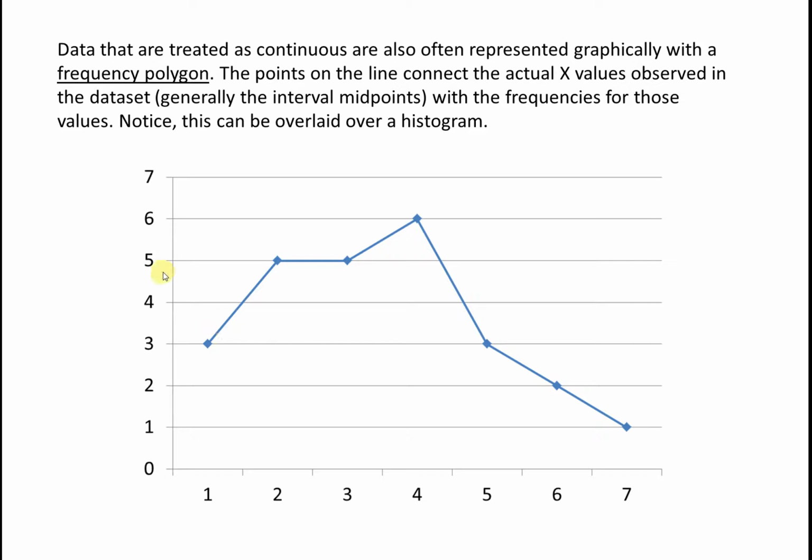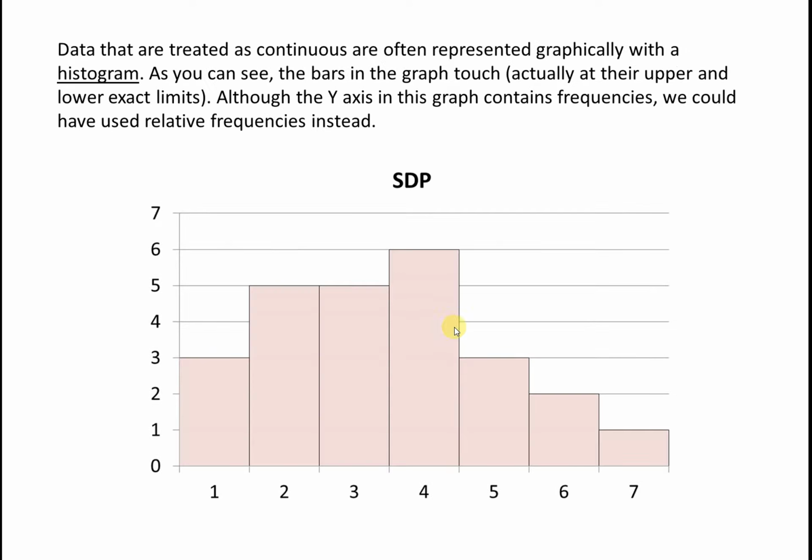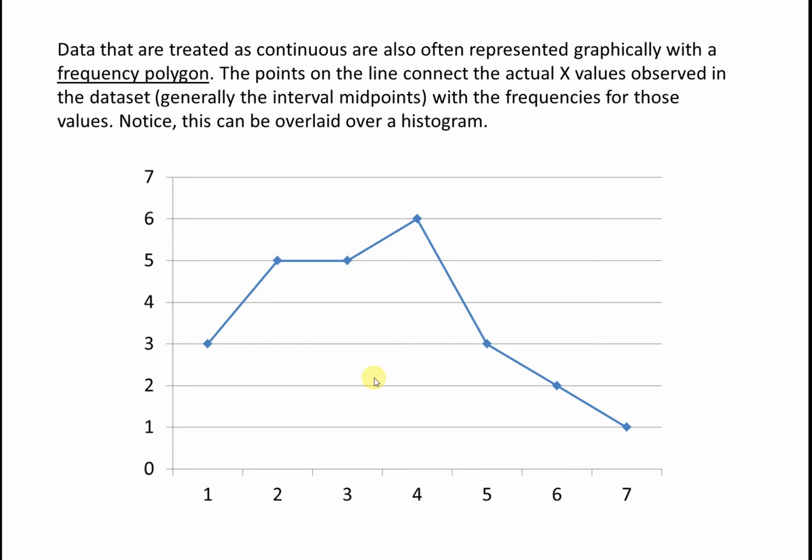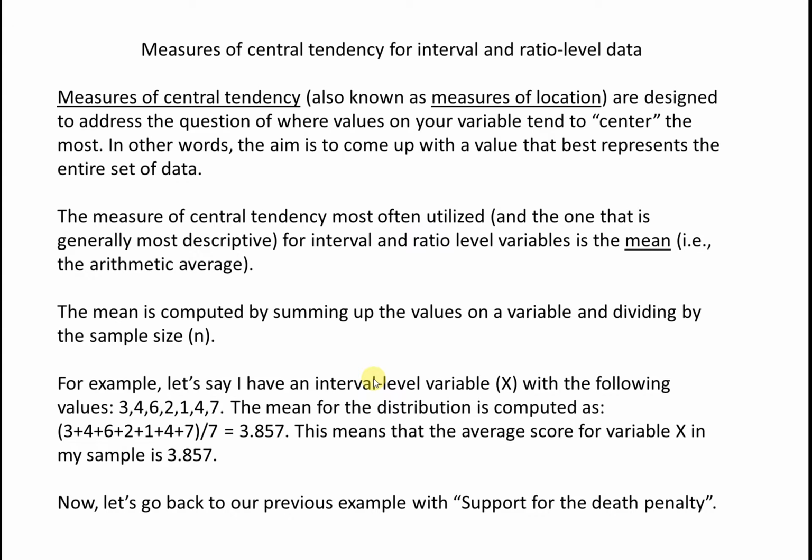Again, we could have just as easily used the relative frequencies, and in that case it would have been a relative frequency polygon as opposed to a frequency polygon. Notice that this figure can easily be overlaid over this histogram. So sometimes people will provide both in their visual depictions of the data.